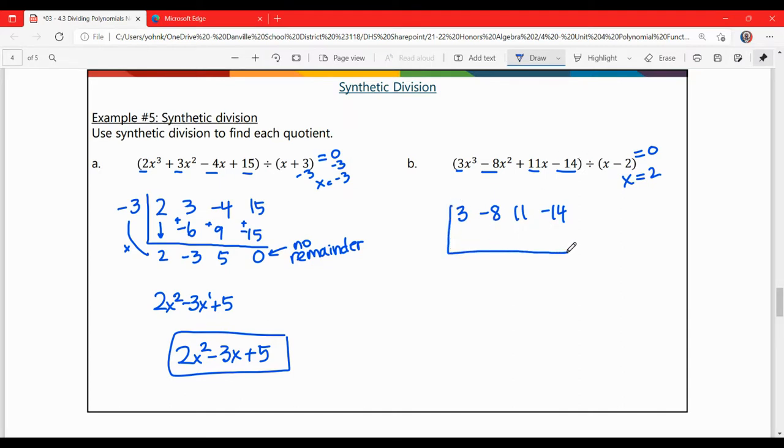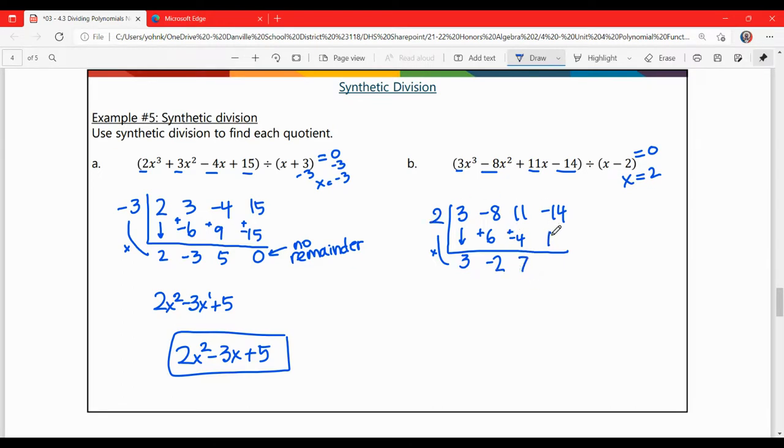Make my upside down division and put the 2 on the outside. Okay, so I'm going to bring down the 3. Then I'm going to multiply to get 6. Then I'm going to add to get -2. Then I'm going to multiply to get -4. Add to get 7.